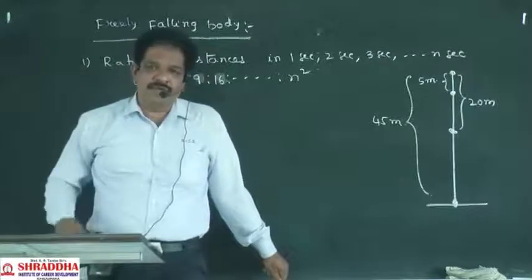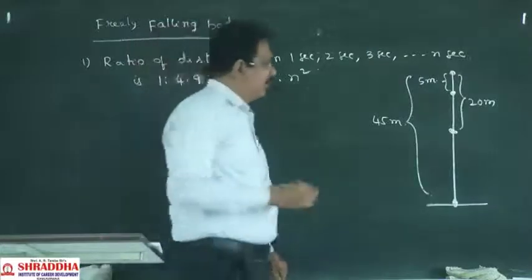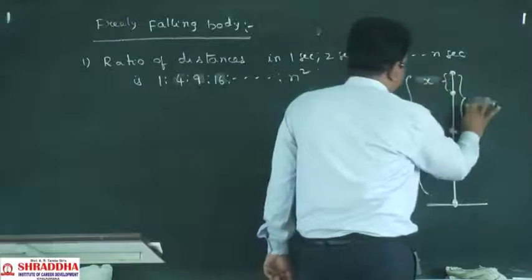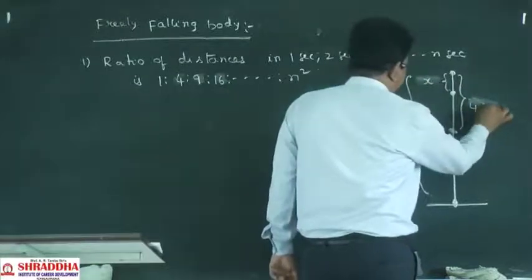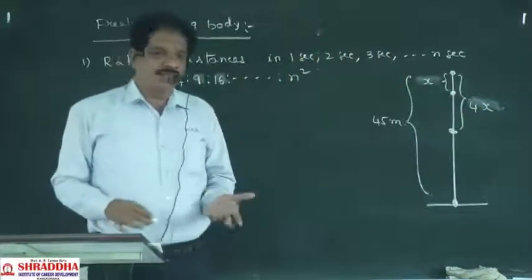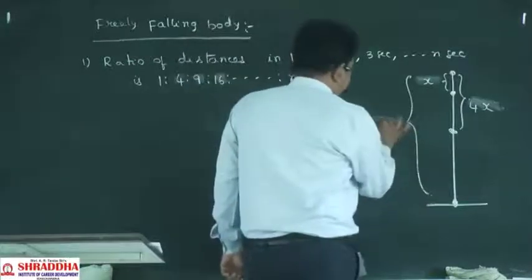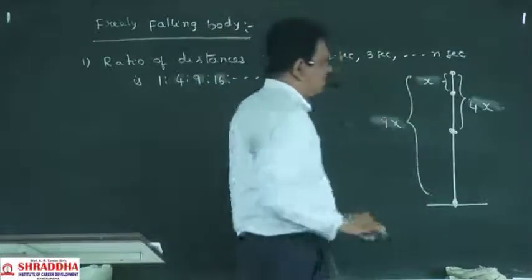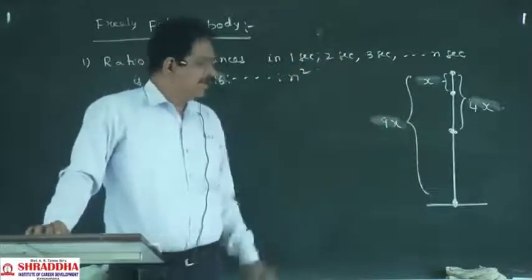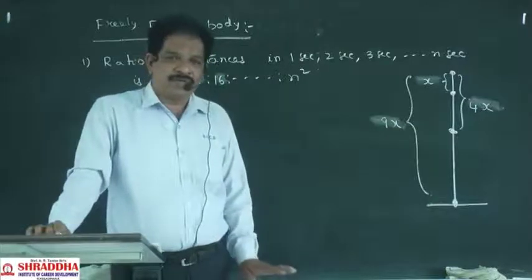For a freely falling body, in the first second of its journey, if it covers a distance x, in 2 seconds it will cover a distance 4x. In 3 seconds it will cover a distance 9x. Clear? If x is 5, then this value will be equal to 20, and this value is equal to 45 meters. Is my point clear?